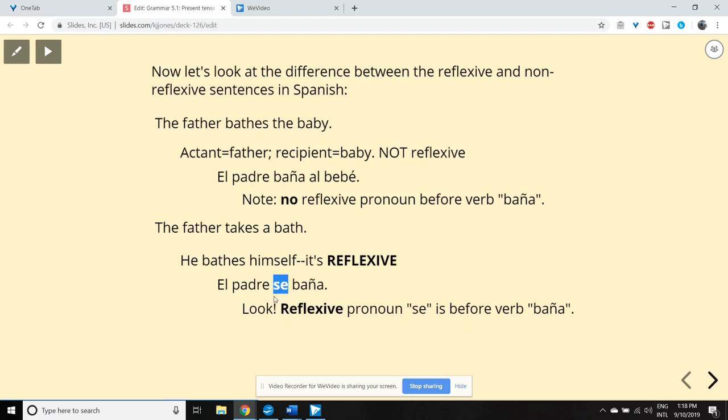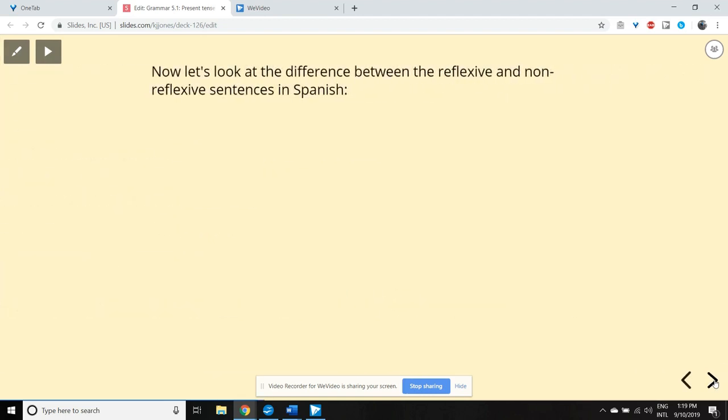That se is the himself. But unlike English, where we put our pronoun after the verb, right? In this case, the reflexive pronoun goes before the verb because Spanish word order is different than English, as we're going to talk about a ton this semester. Okay? Let's keep going with this.